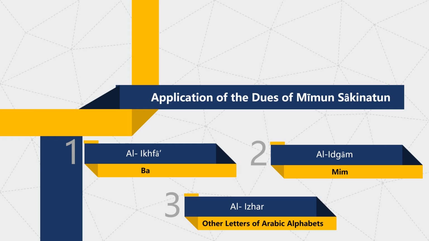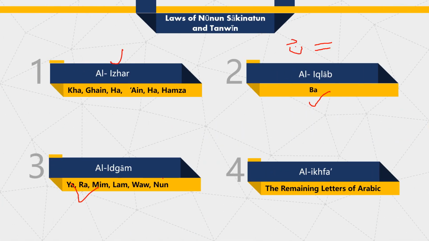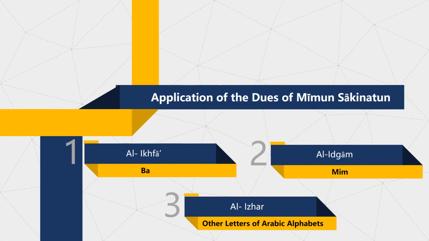Now, when we talk about application of mim sakin, remember I said earlier that we have majorly two things to do: nun sakin and tanwin, then we have what we call mim sakin. Mim sakin means when you have the letter mim with sukun, and it is followed by any one of these.